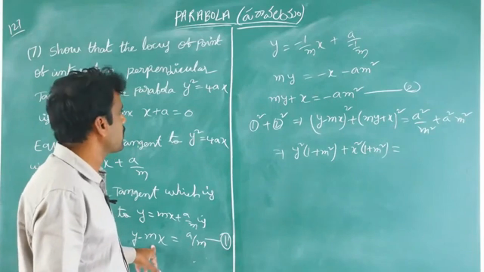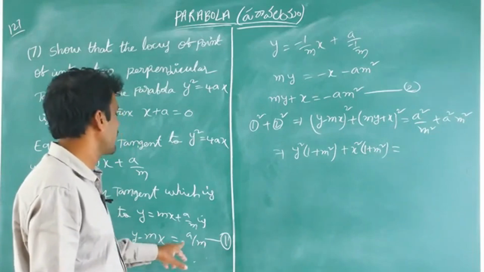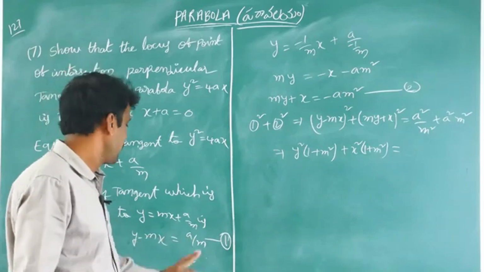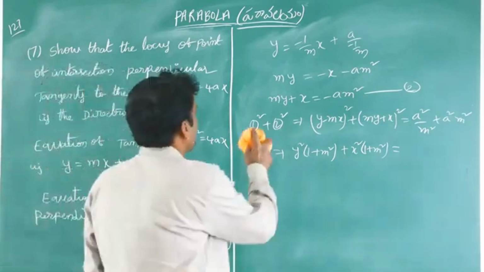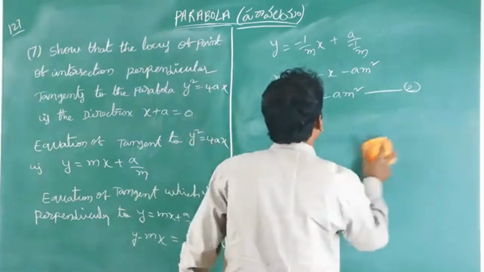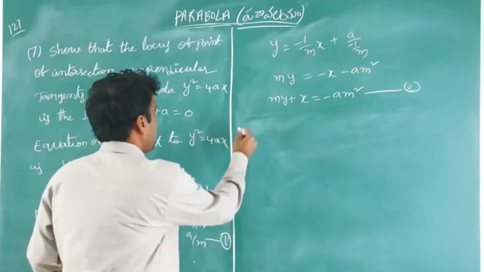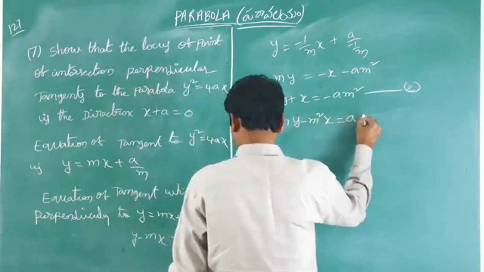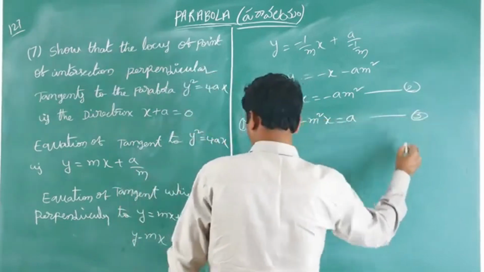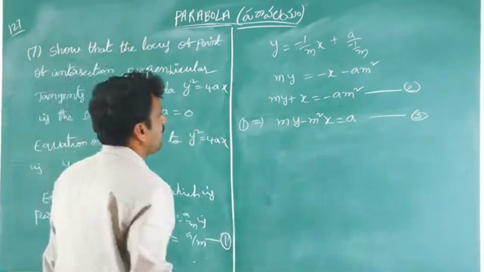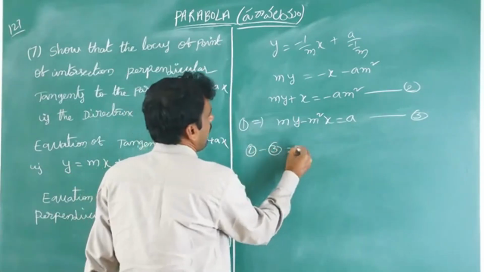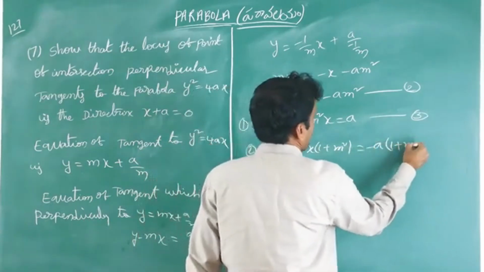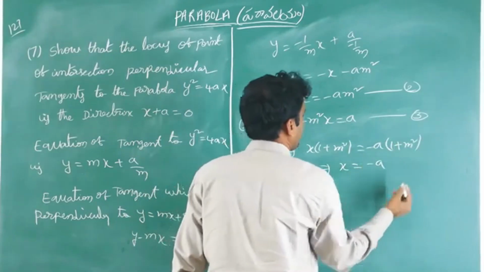Cross multiplication, we get my − m²x = a. Subtracting, my cancels, x(1 + m²) = −a(1 + m²). The (1 + m²) cancels, x = −a.